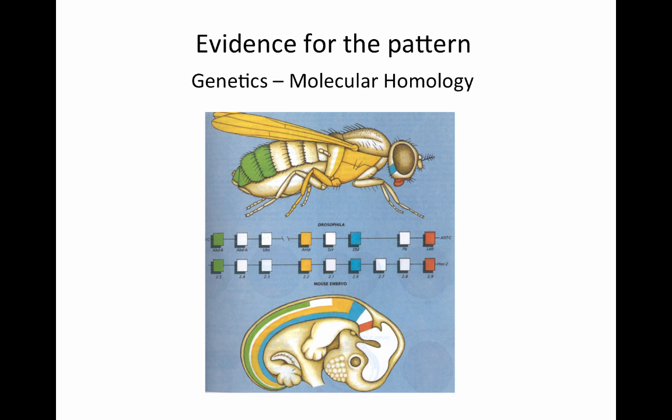We also see homology at the molecular level, and this is where things get really interesting. You would not necessarily expect to see similarities in, for example, non-coding DNA, which we do, in fact, find. But I think one of the most striking examples that helps to show us how all living things are united in this tree of life are homeobox genes, homeotic genes, which are regulatory genes that direct the development of the body axis from the head end to the tail end, anterior to posterior development.